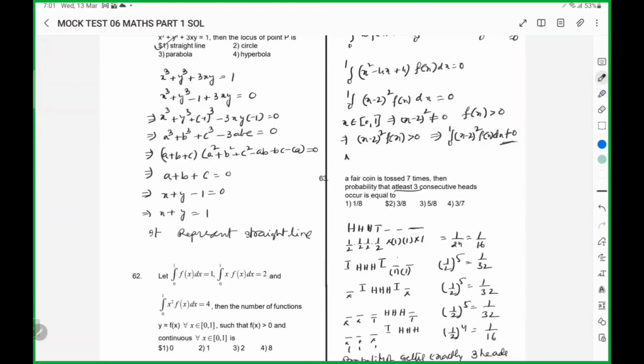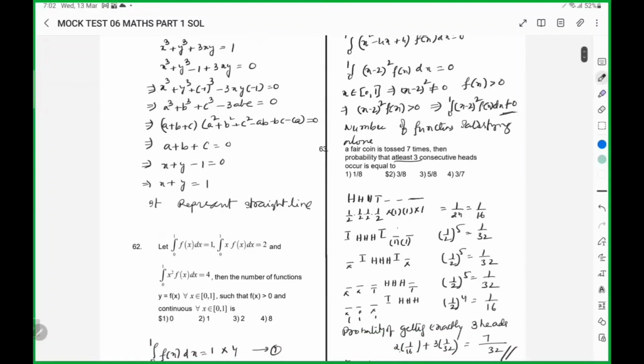So the number of functions satisfying the above equation is 0.